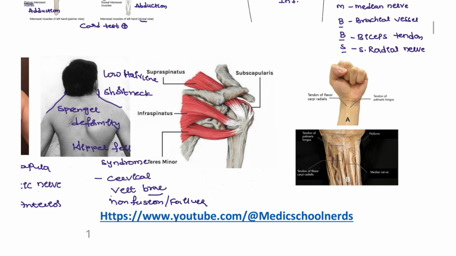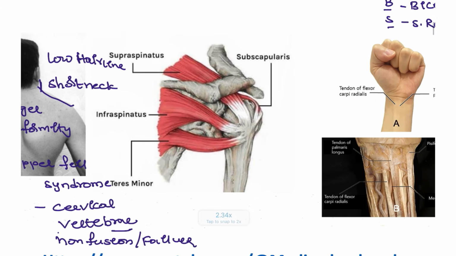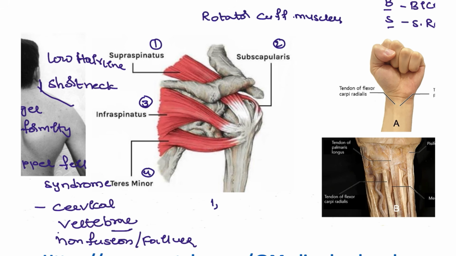Okay. Next, moving on to the important muscles that I want you guys to remember, that is the rotator cuff muscles. In the rotator cuff muscles, you all know supraspinatus, subscapularis, infraspinatus, and teres minor. And where are these all attached, guys?